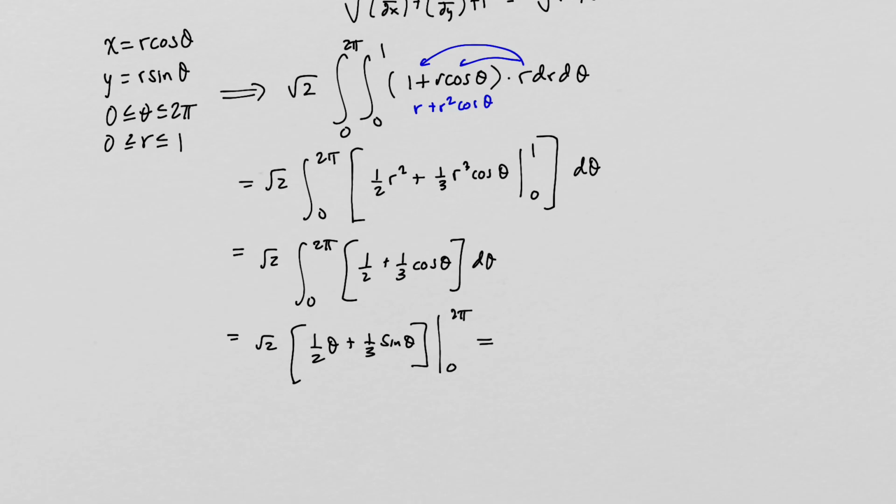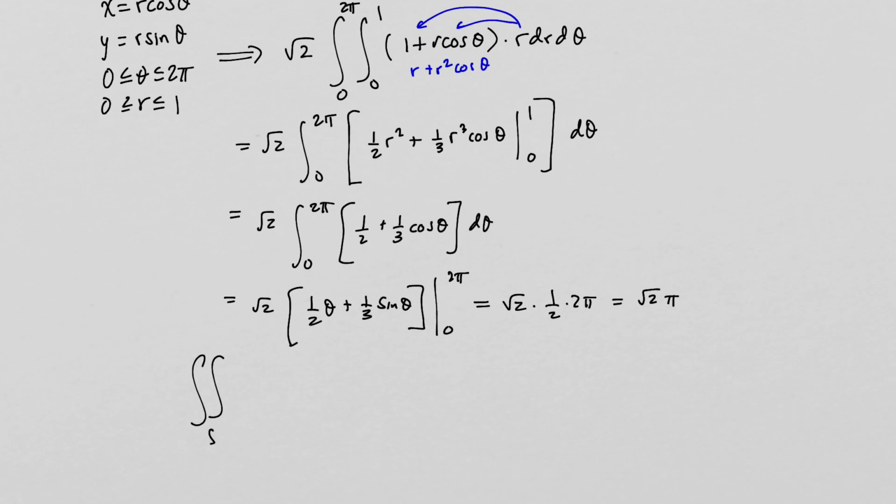So if we plug in 2 pi, we have radical 2 times 1/2 times 2 pi, which is radical 2 times pi. So in the end, the double integral over the surface of the function z ds is the integral over S1, which was 3 pi over 2, plus the integral over S2, which was 0, plus this one. And so it is 3 pi over 2 plus pi radical 2.